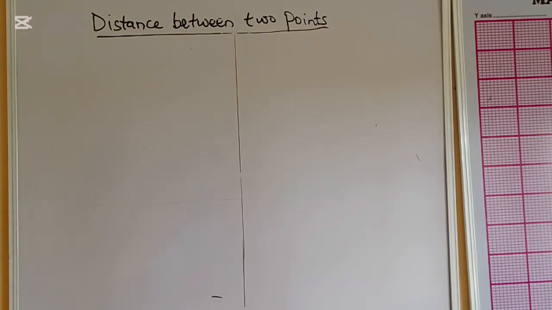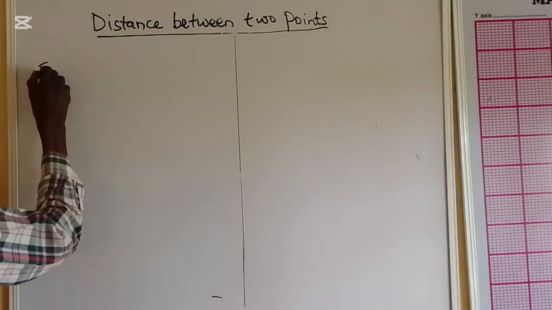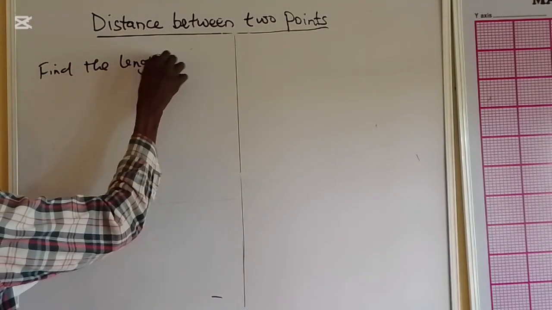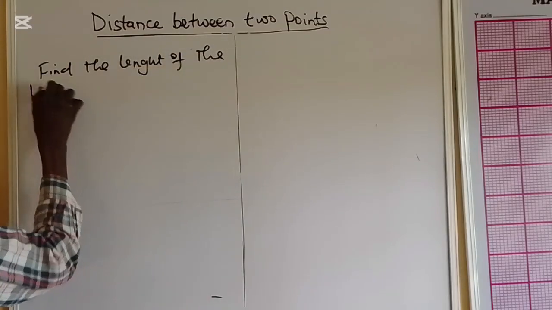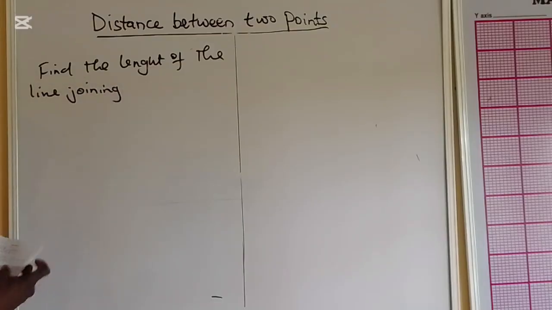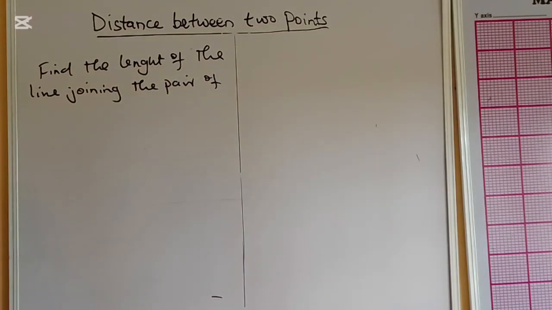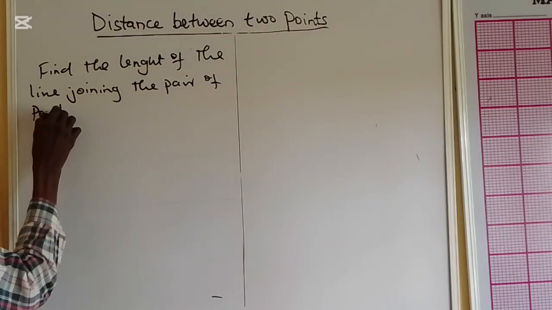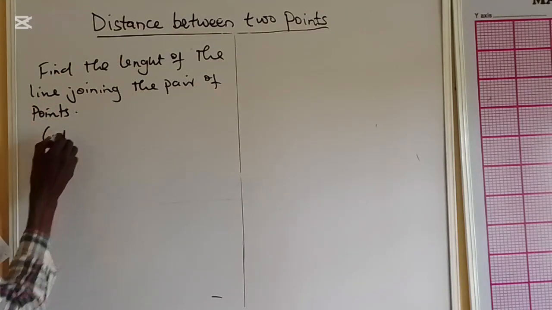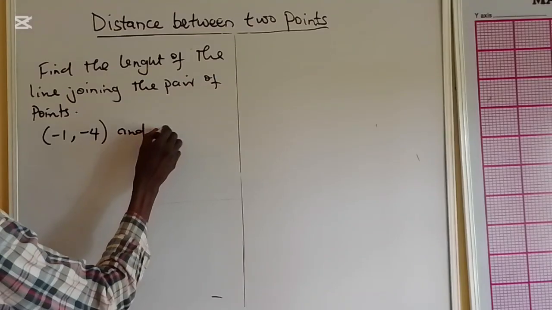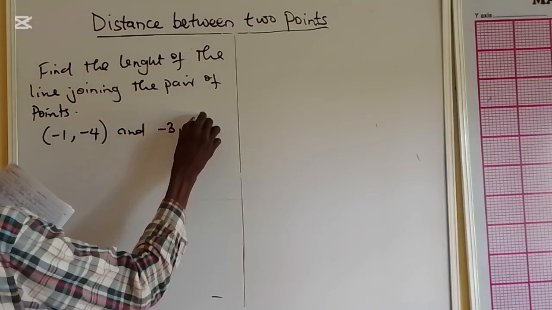Example 1: find the length of the line joining the pair of points (-1, -4) and (-3, -2).